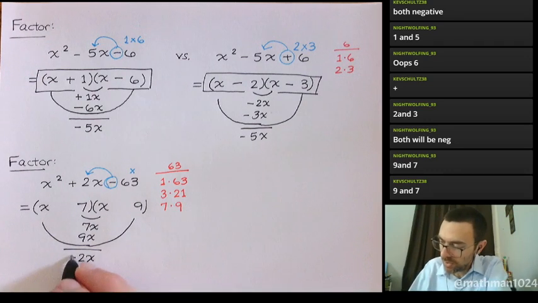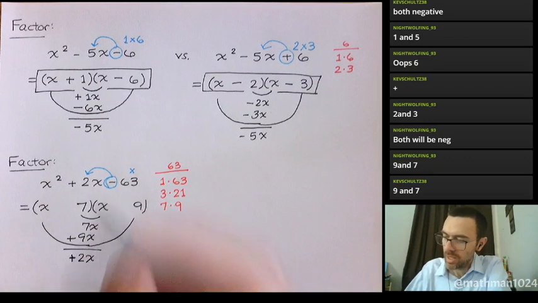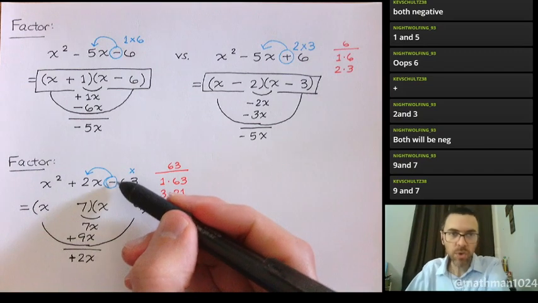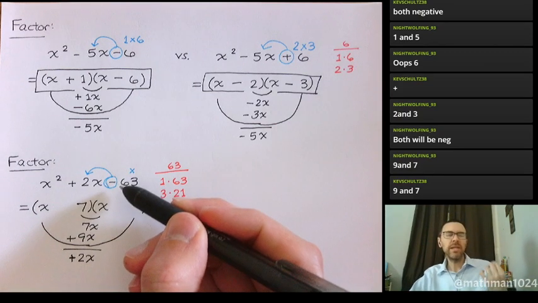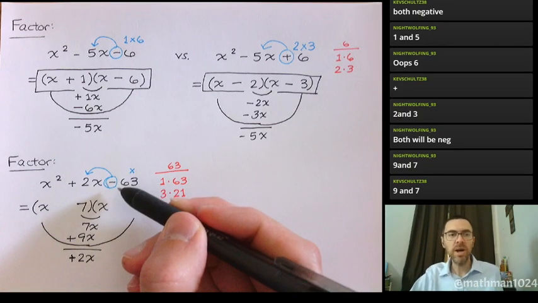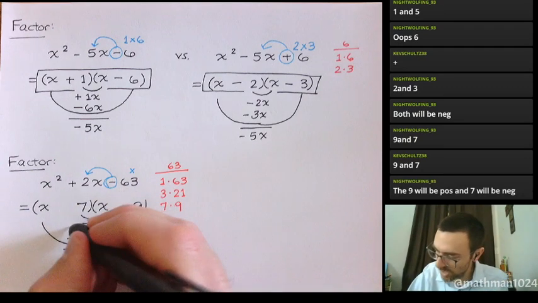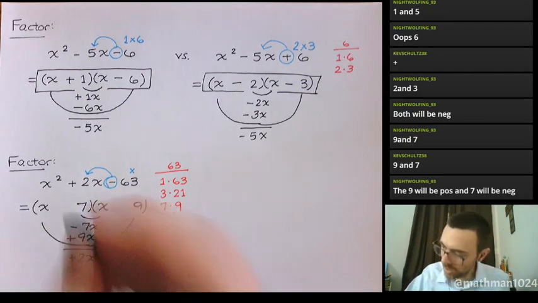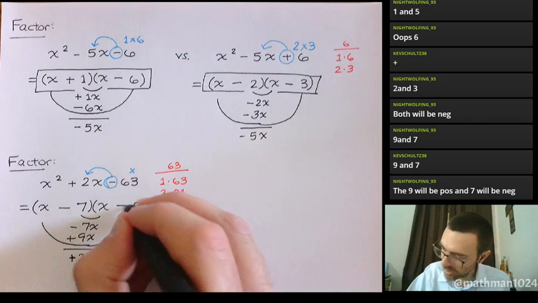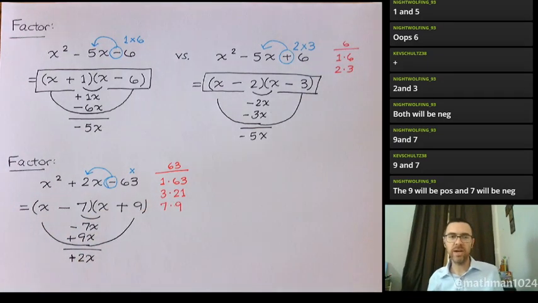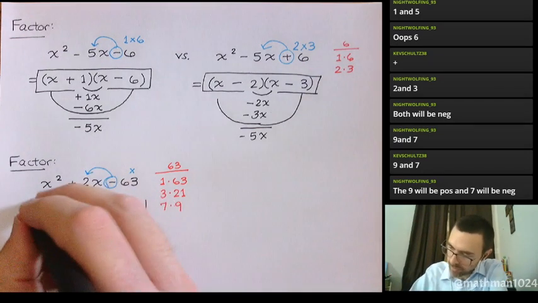To get a positive here at the end, that means the larger number has to be positive. And since this was a minus here, we already knew the clue was going to be these guys have to have opposite signs, one positive and one negative, which means the other guy has to be negative. So it makes that negative 7 and positive 9. And there we go.